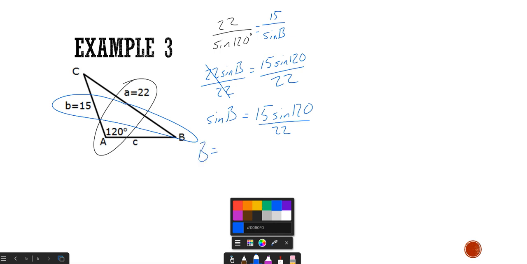So B is equal to the arc sine of this entire expression, 15 sine of 120 divided by 22. When we put that into our calculator, 15 sine of 120 divided by 22, we get that B is going to be roughly 36.19 degrees.